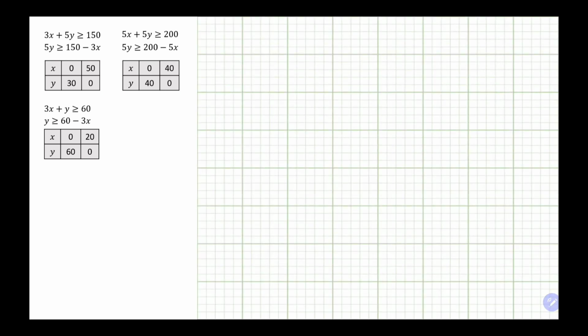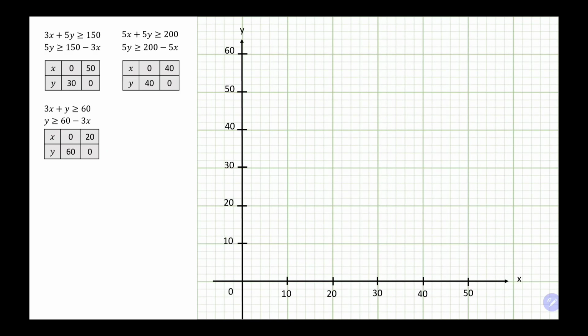Next, we take out our graph paper. We put x and y as usual. First line, we have intercepts x 50, y 30. Then we label 5y equals 150 minus 3x. Our system of inequalities all have equal signs, so we use solid lines.